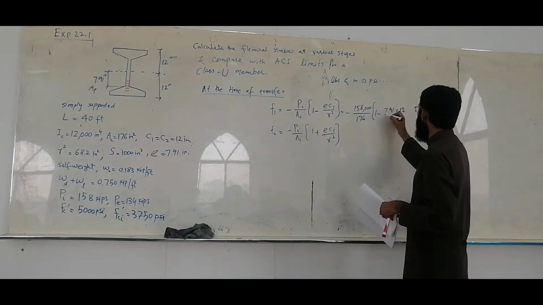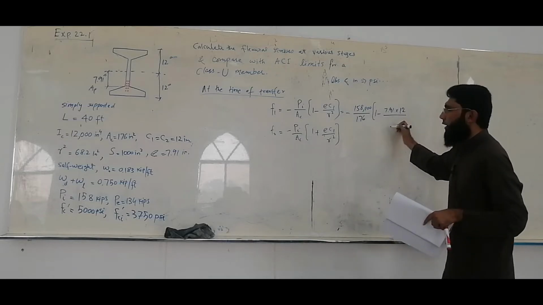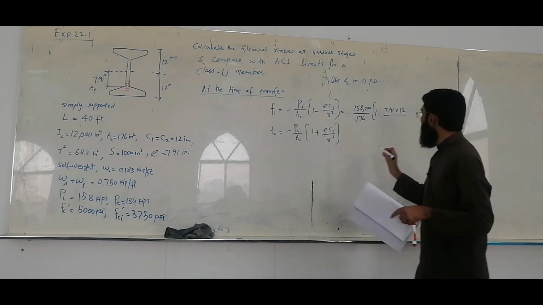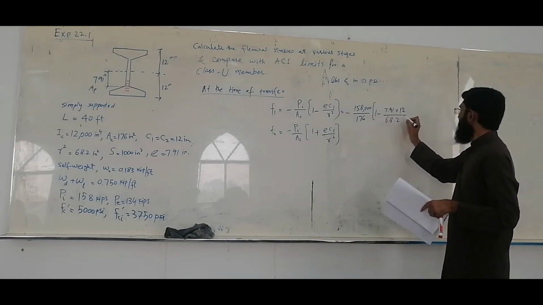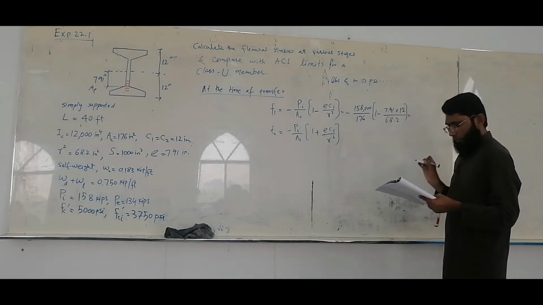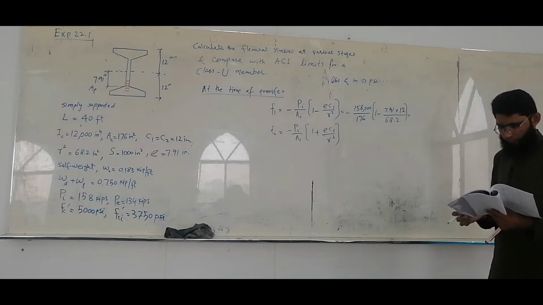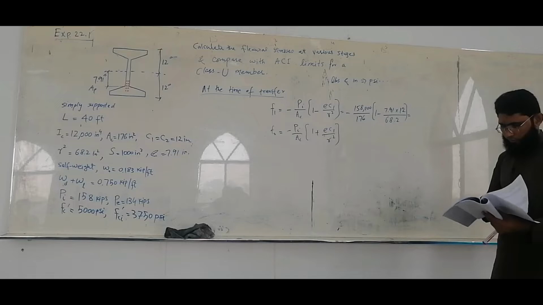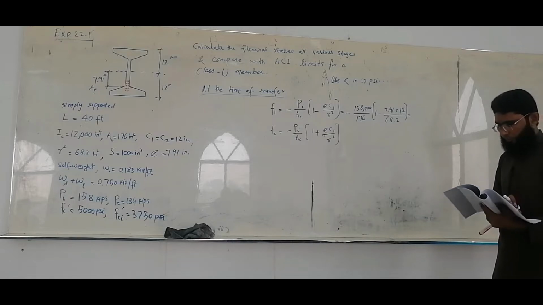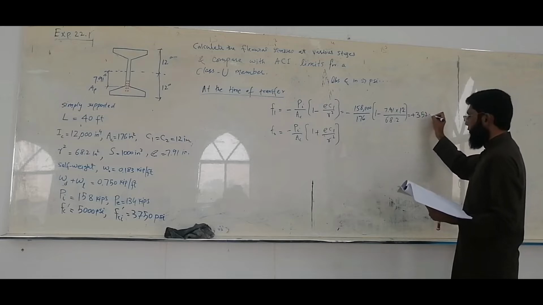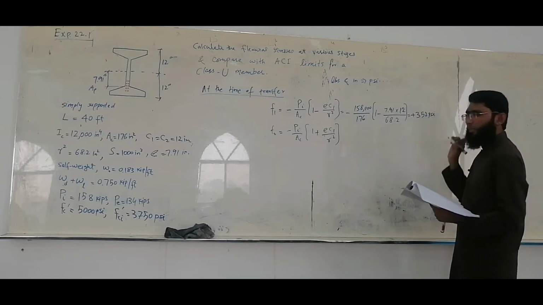Divided by R square. Radius of gyration square is 68.2. So this gives you plus 352 psi. You can confirm this answer. Please confirm this answer.